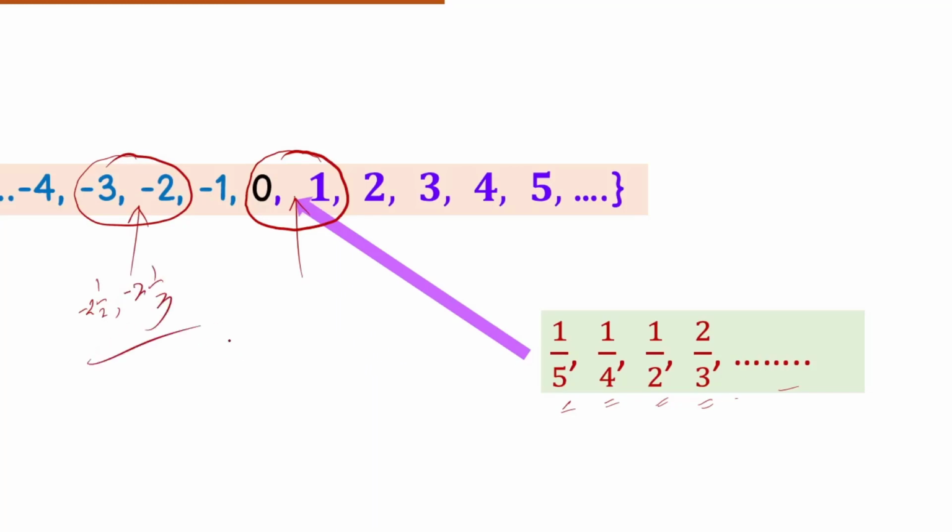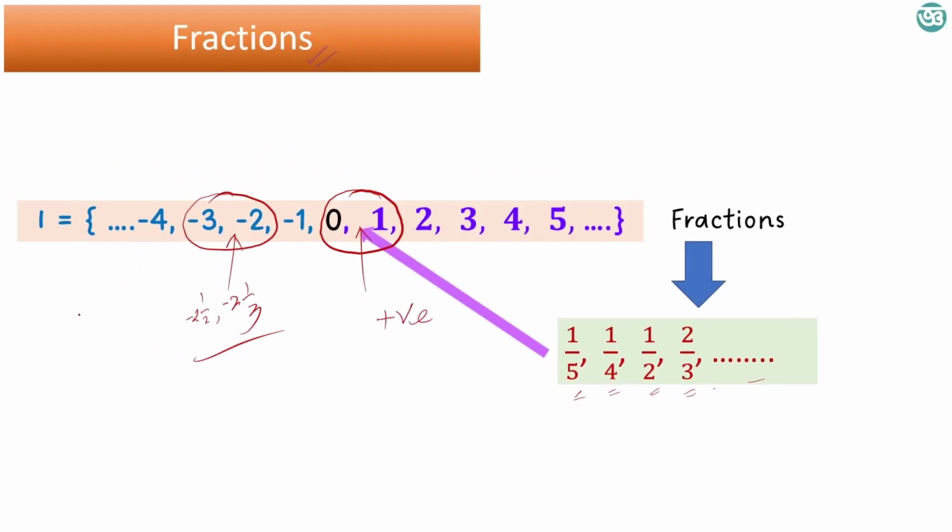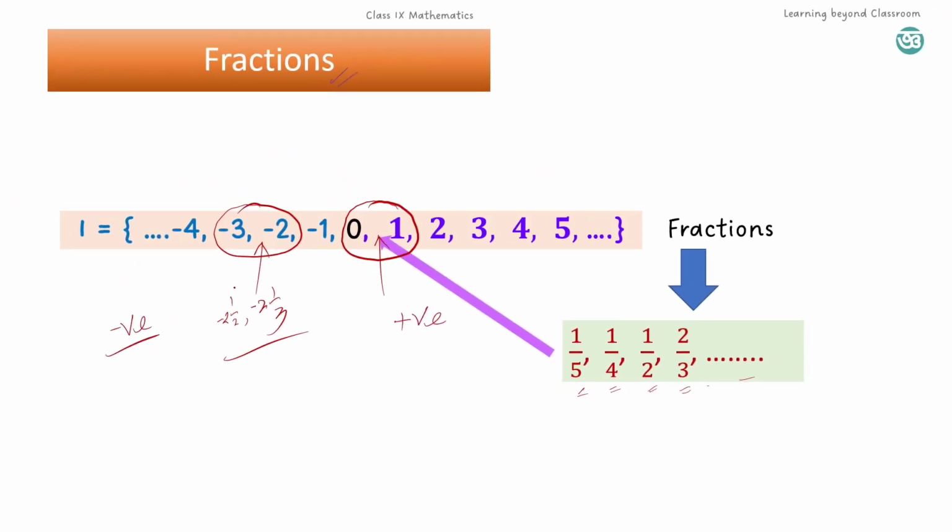So these types of numbers, we call them the fractions or the fractional numbers. So these fractions may be positive as well as negative, including 0, which is neutral.